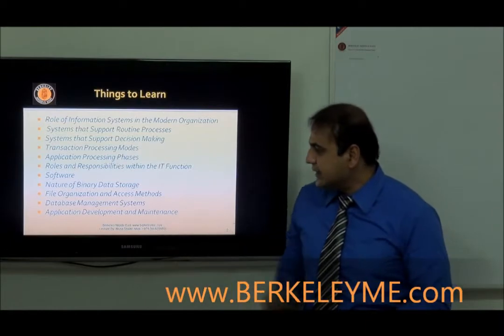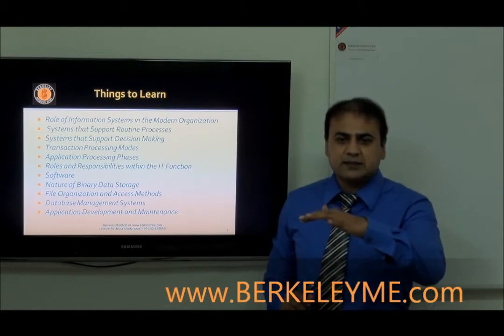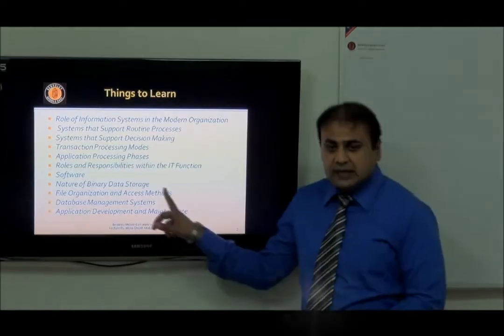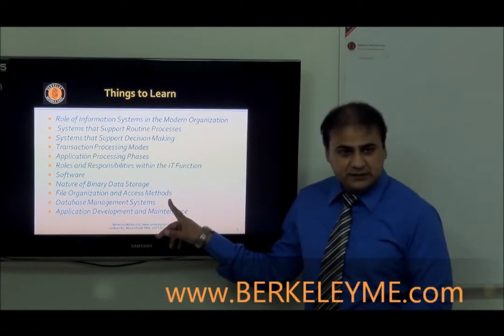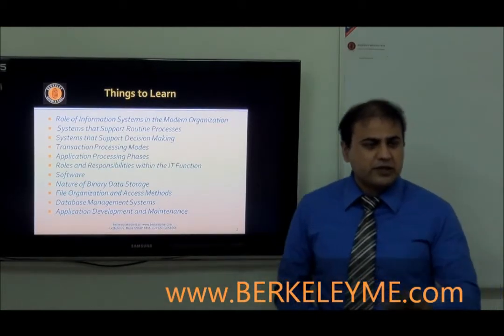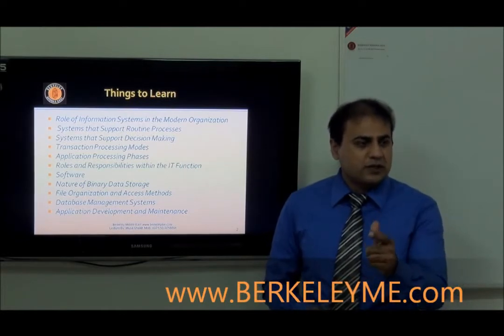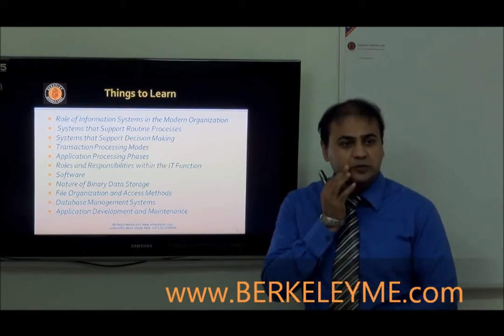File organization and access methods. If you see in your organizations, there are some accessing levels and some control levels. These methods are very practical in day-to-day life. If you are in an ERP environment, there is a junior accountant who can put in input only, and he cannot view the other reports.